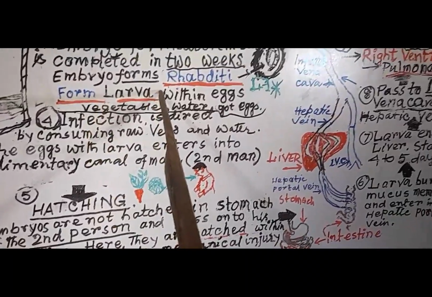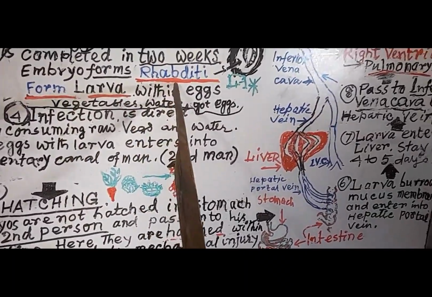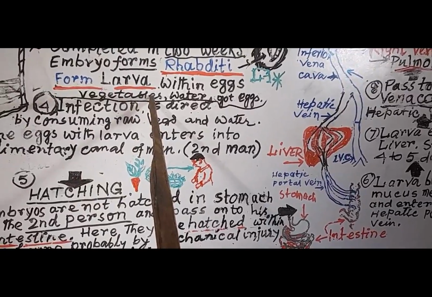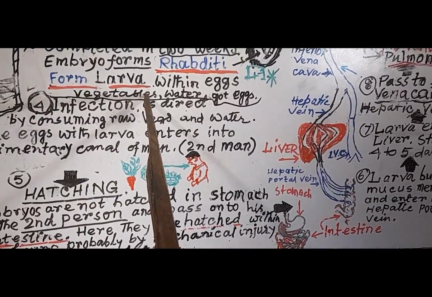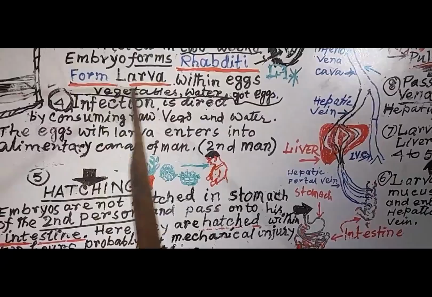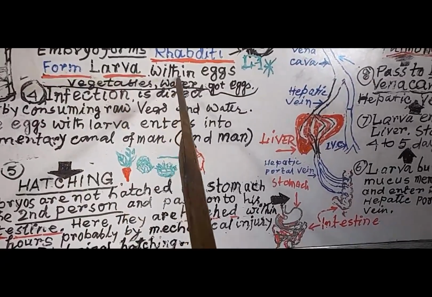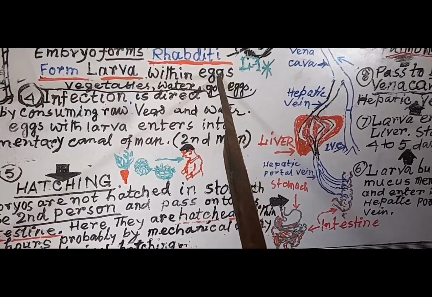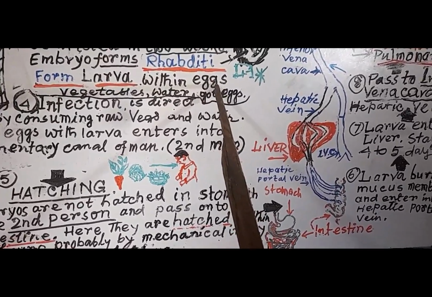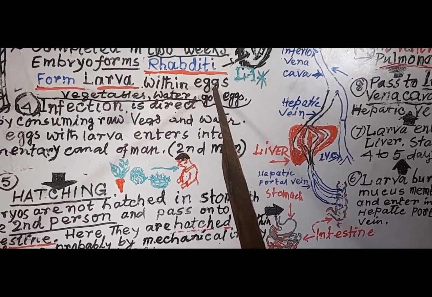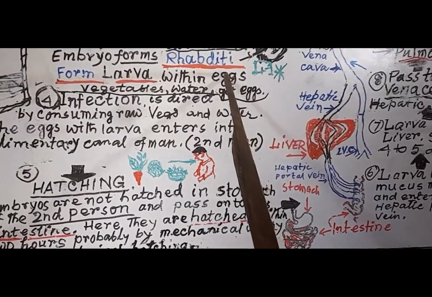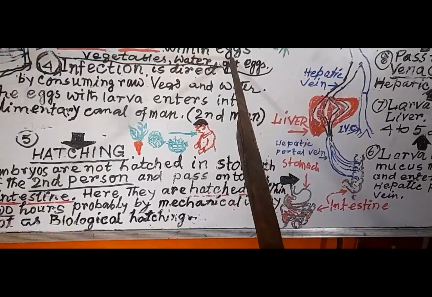Then the embryo forms. This is a rhabditiform larva. Very important one. Rhabditiform larva within eggs. This rhabditiform larva is named so because its pharynx has a racket-like structure. I would like to show you this one.